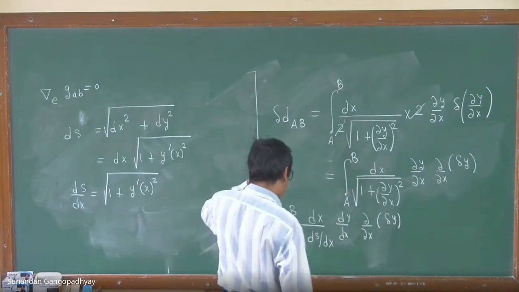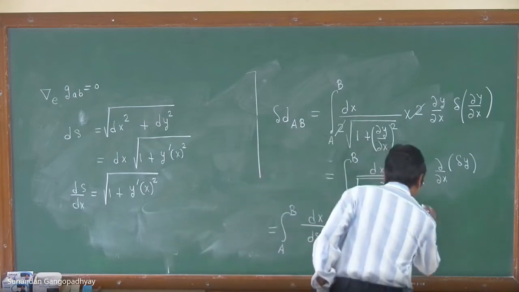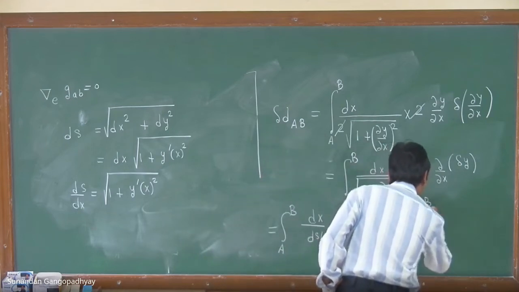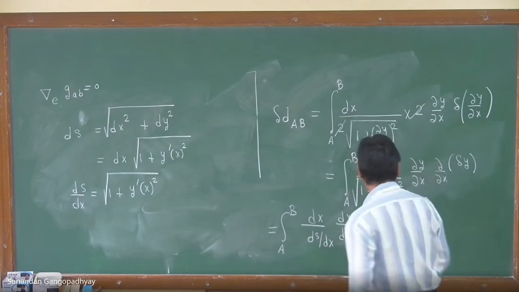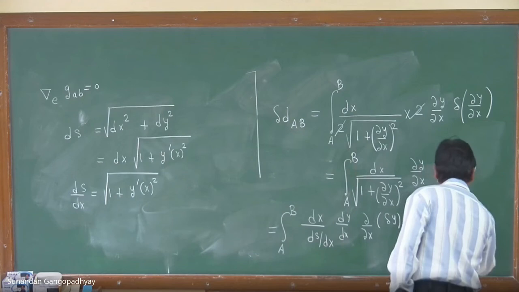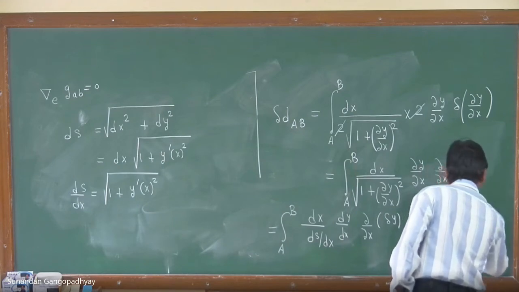So this is what this will be, a to b, dx dy dx into ds ds, so that is dy ds, del del x, delta y.